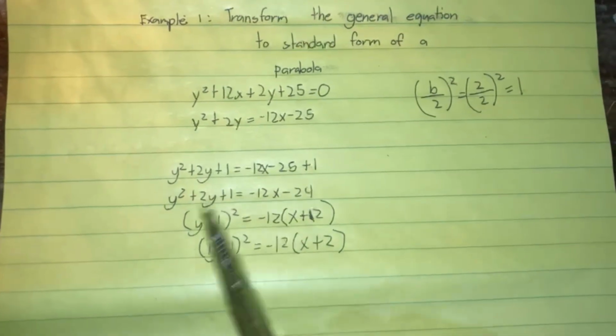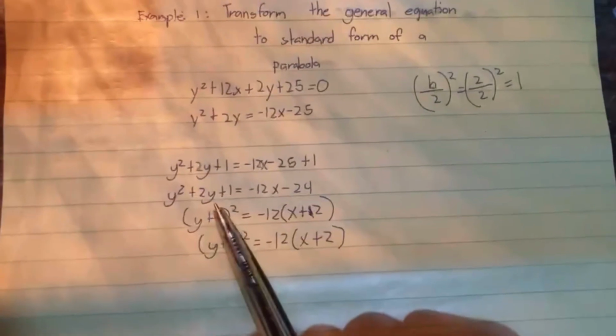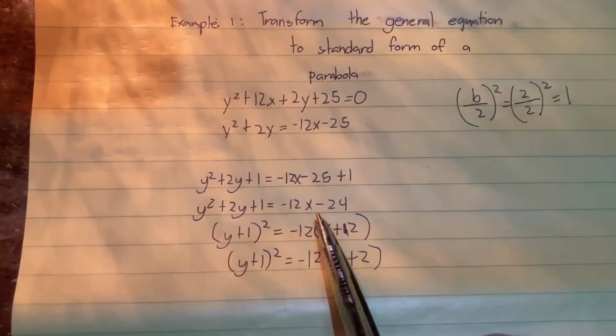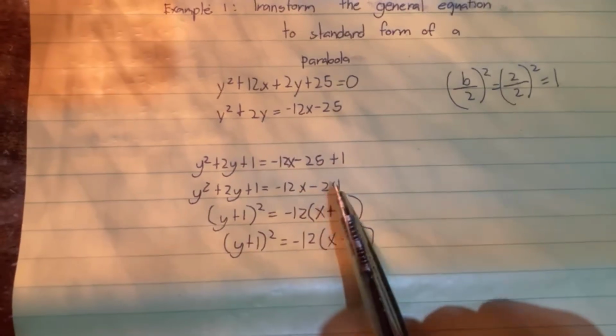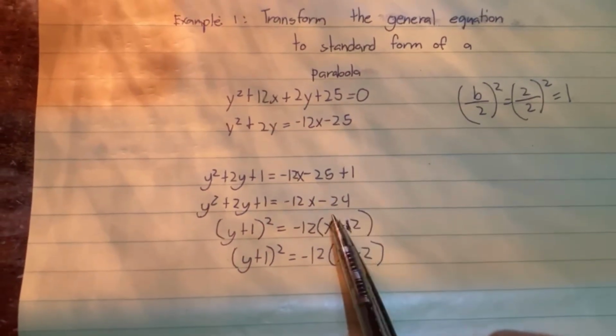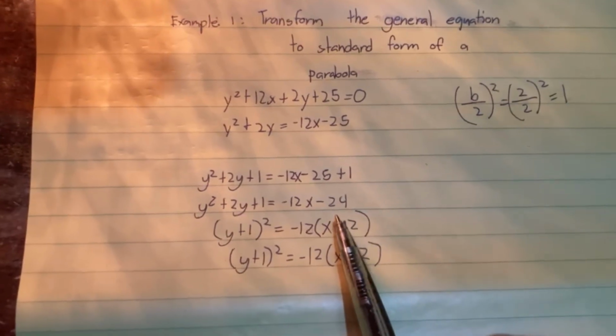And now simplify. y squared plus 2y plus 1 is equal to negative 12x minus 24, because negative 25 plus 1 is negative 24.